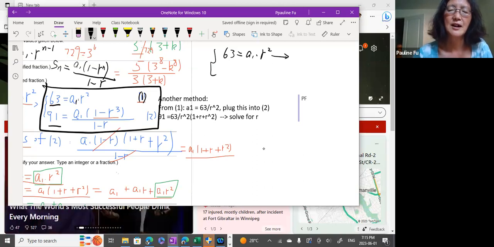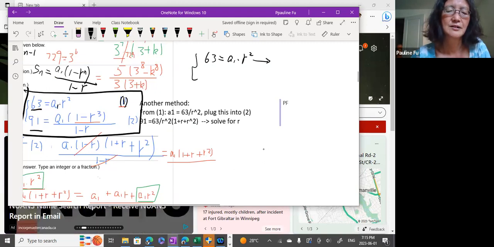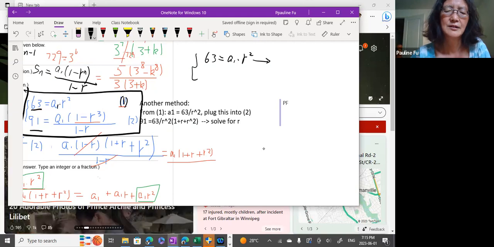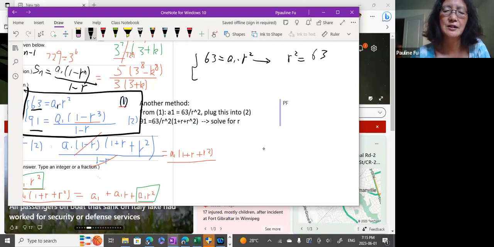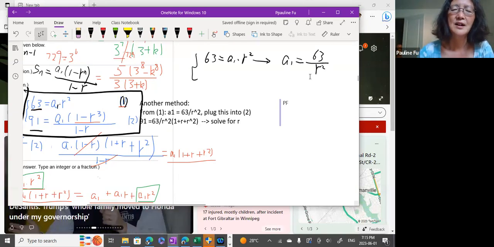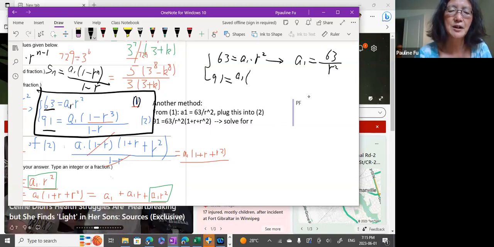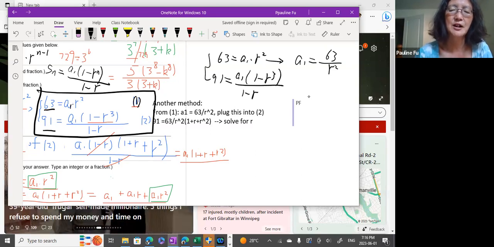From here, I get R squared, or you can solve for A1. So from here, you got A1 equal to 63 over R squared. And the next equation we get is 91 equal to A1 times (1 minus R cubed) over (1 minus R).